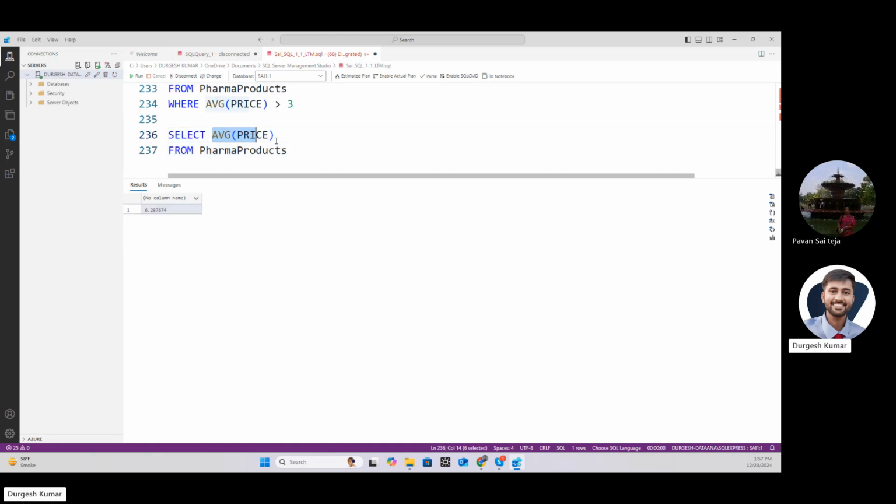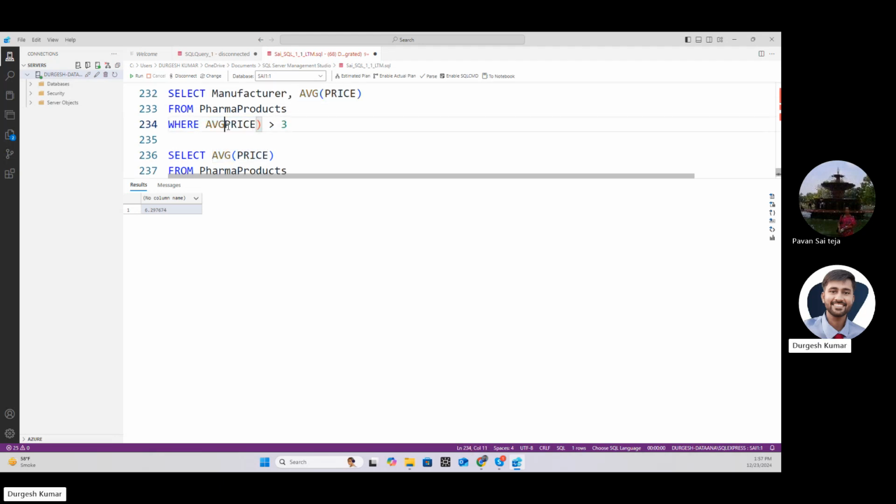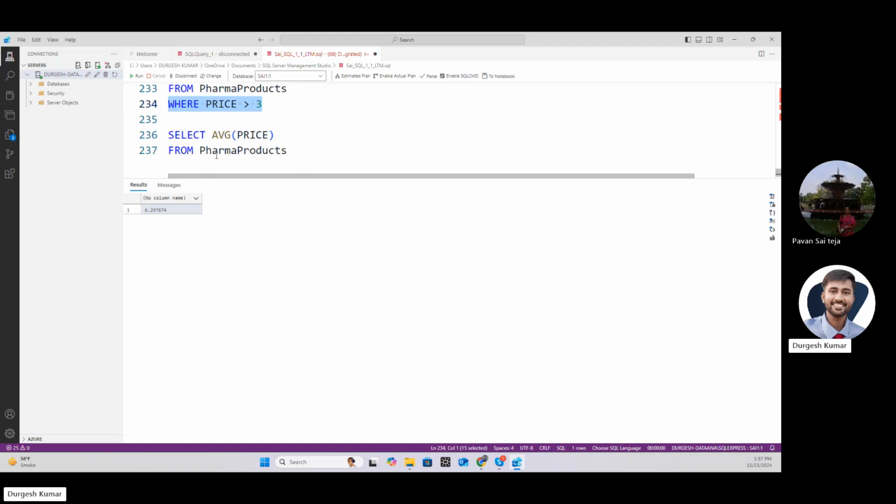If you add this average in a WHERE clause, then WHERE only accepts a column, not an aggregated column. So this is what you have passed: average of price. Let's say, for example, if I remove this average here, then it will work for me in this query only, not in the above one.